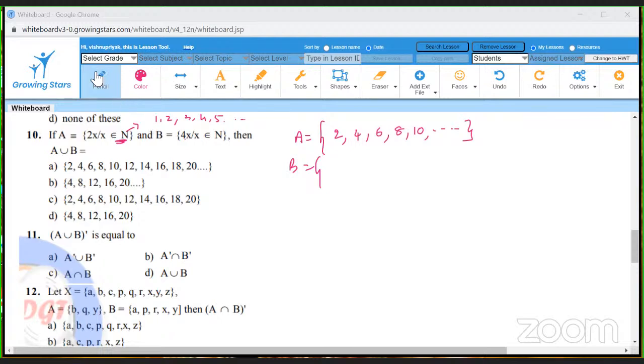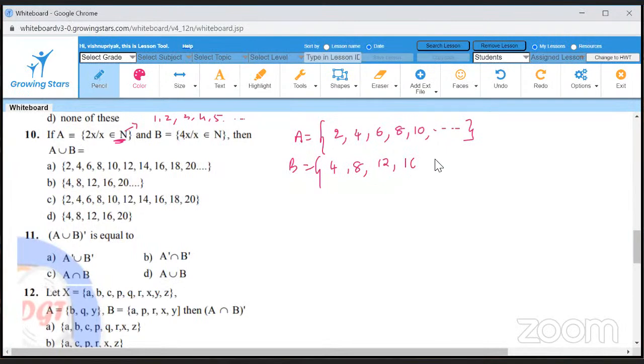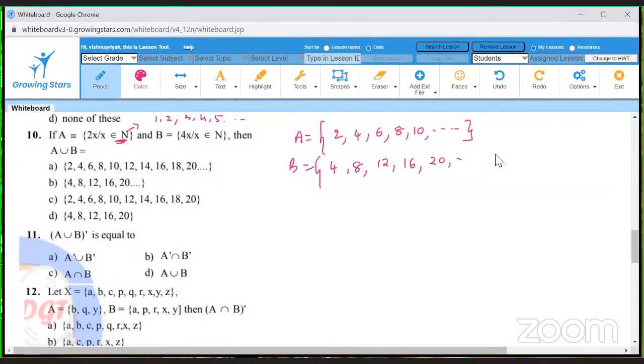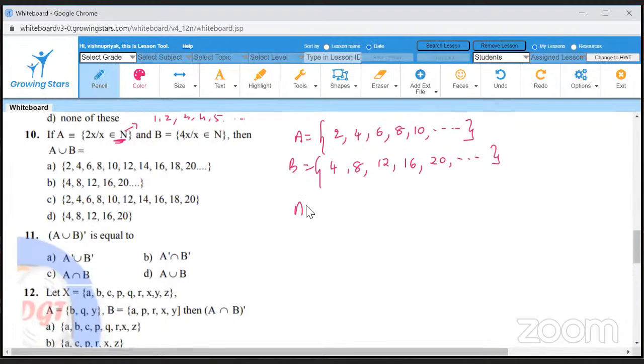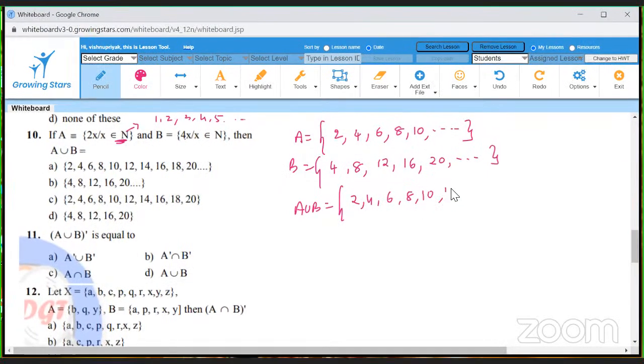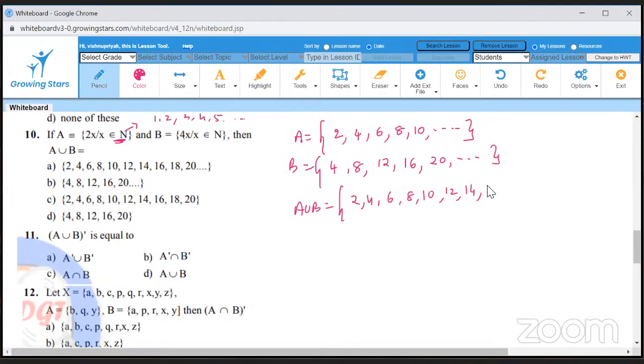Okay. So B means 4 into X. 4 into 1, 4 into 2, 4 into 3, 4 into 4, 4 into 5, many more. Now, when you take A union B, you will write first all A: 2, 4, 6, 8, 10, 12, like that, you will write 14, 16, then 18, then 20.